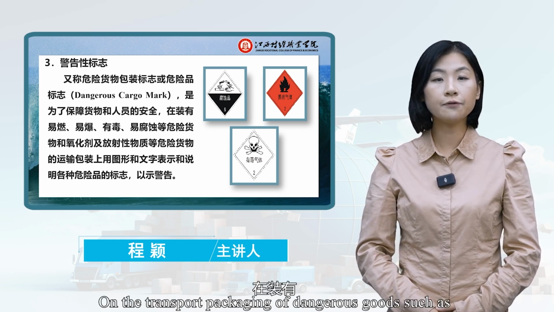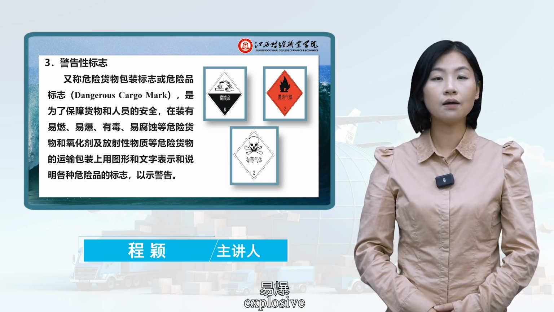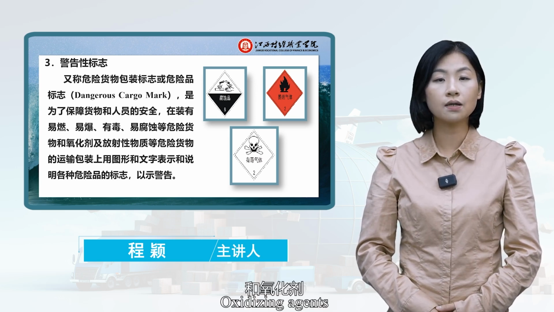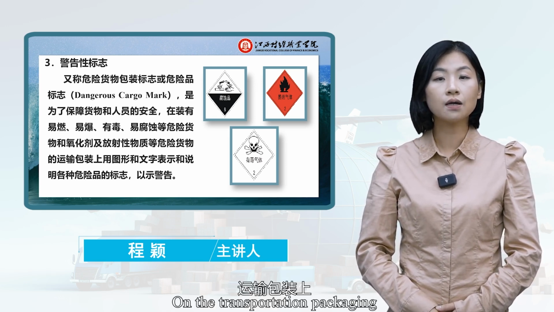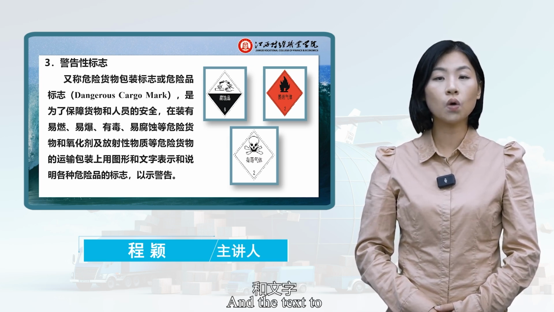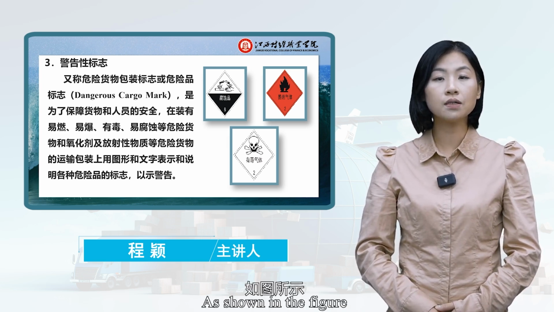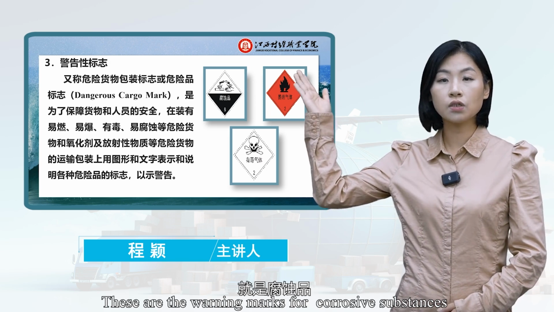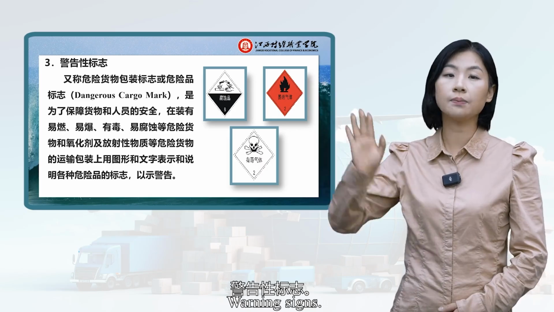On the transport packaging of dangerous goods such as inflammable, explosive, toxic, corrosive substances, oxidizing agents, and radioactive substances, graphics and text are used to represent and explain the various types of dangerous goods, as shown in the figure. These are the warning marks for corrosive substances, flammable gas, toxic gases, warning signs.